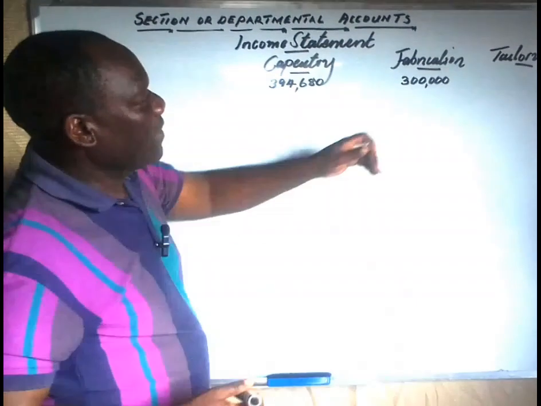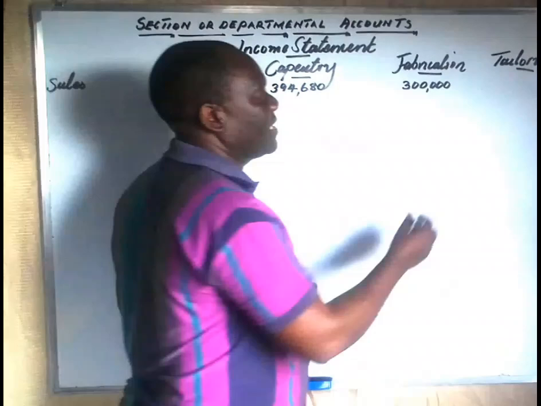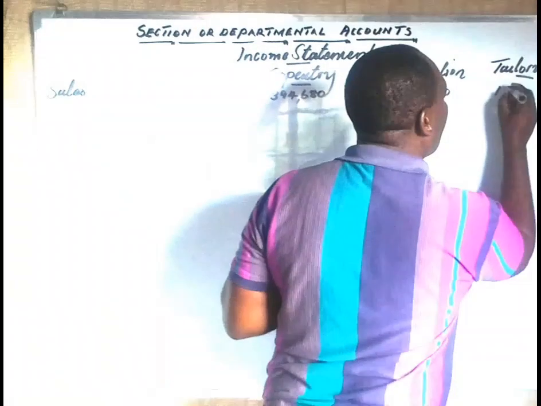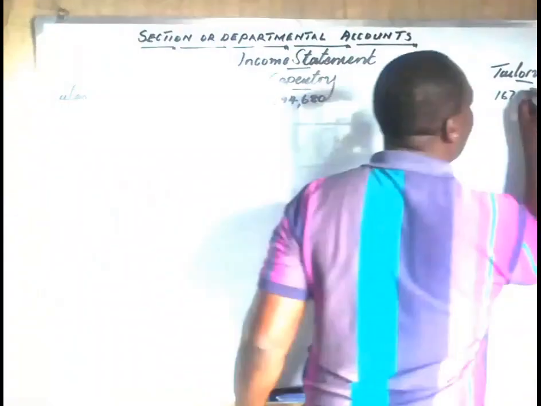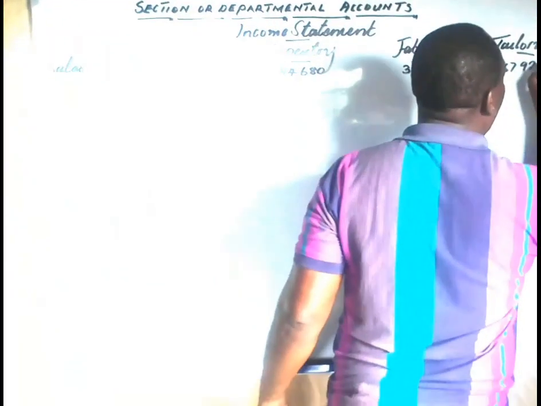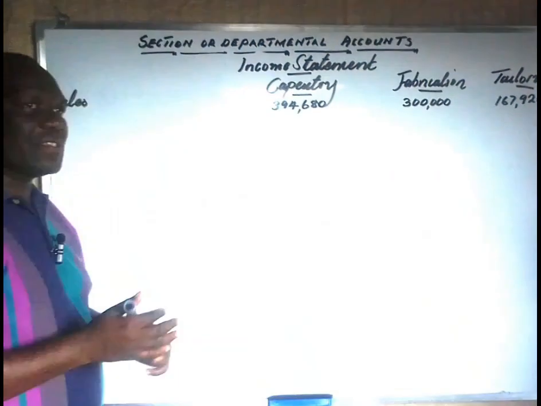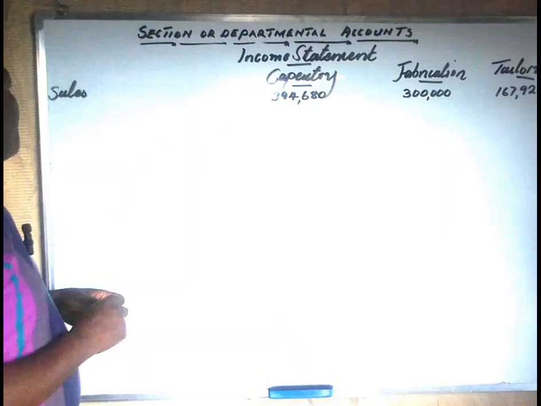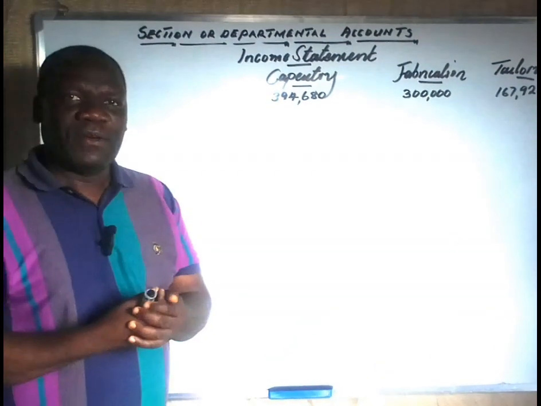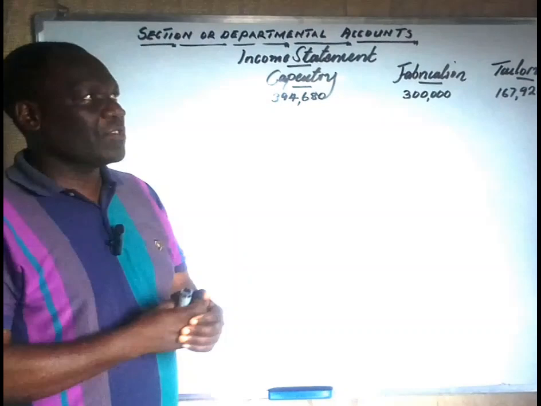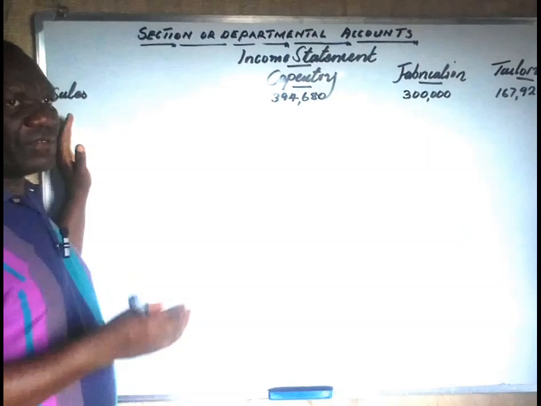Again, our last section or our last department, sales had 167,920. Okay, so these are the figures for sales for the 3 departments. Then in our question, there were no returns inwards. Okay, so you know the formatting for income statement. So we go straight to the next item.